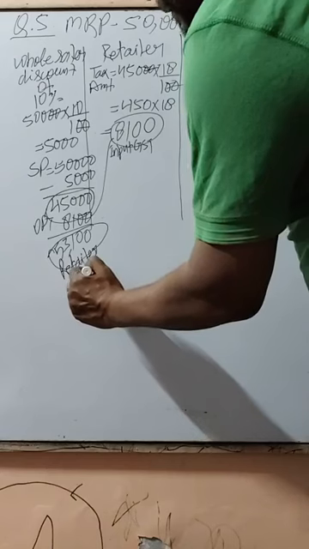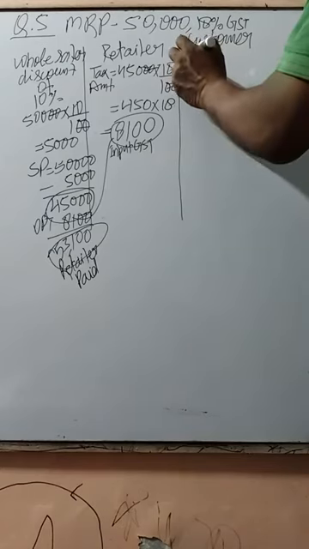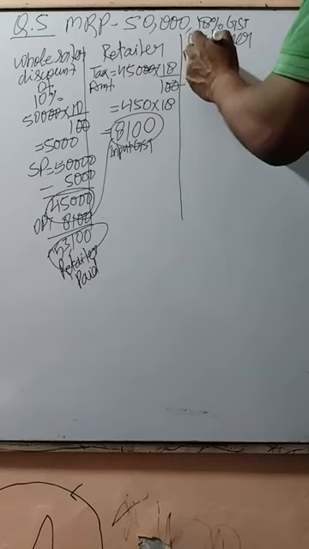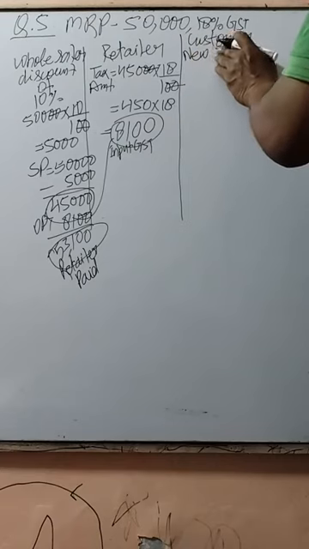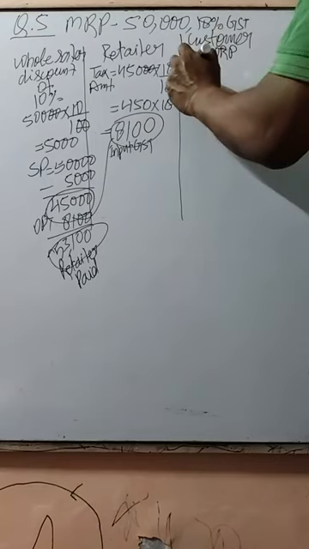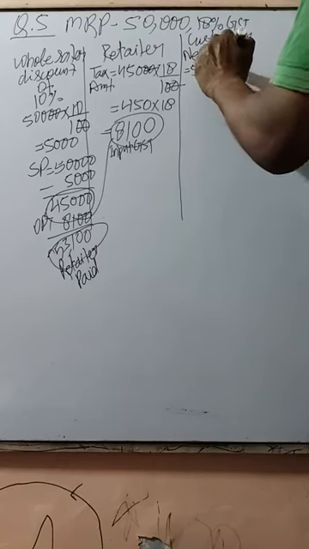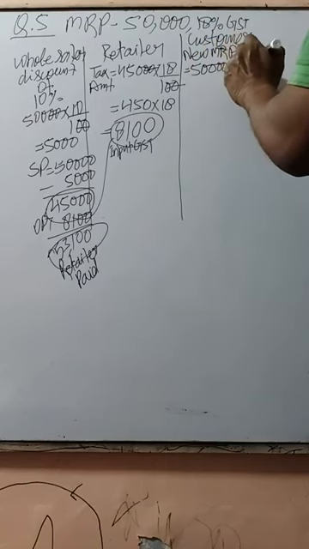What does it say next? The shopkeeper sells the article to the consumer at 4% above the marked price. So new MRP is equal to 50,000 into 4%, no?